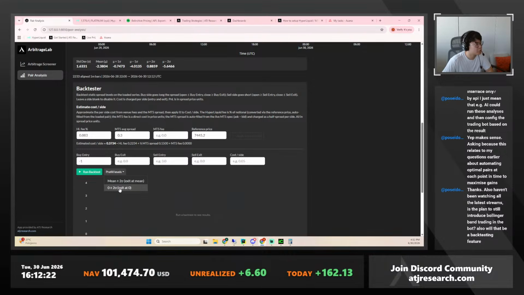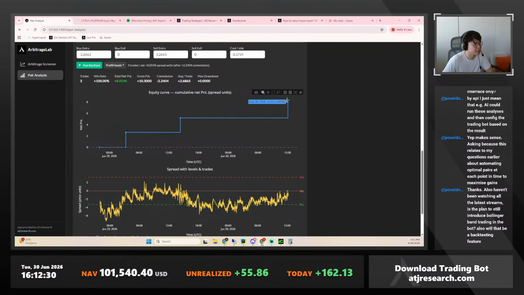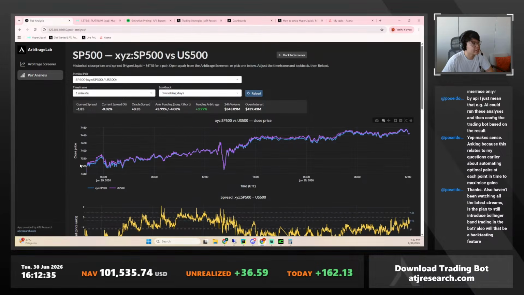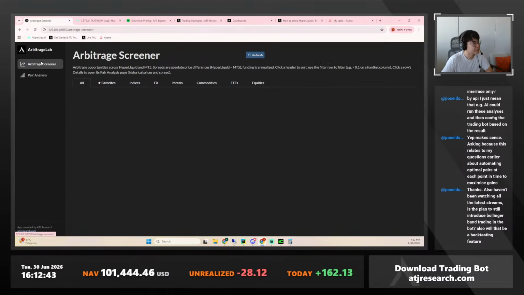So here we can set the values to this. We can apply cost per side. We run the backtest, and here we see our profit. We see our buys and sells here. And I think as our first attempt to create a backtester and explore historical data, we did quite a good job.